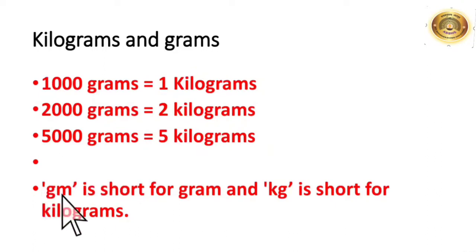And gm is short for gram and kg is short for kilograms. So we do not write grams and kilograms, but we write gm for grams and kg for kilograms. So you should remember one thing, that 1000 grams is equal to 1 kg and 2000 grams is equal to 2 kgs.